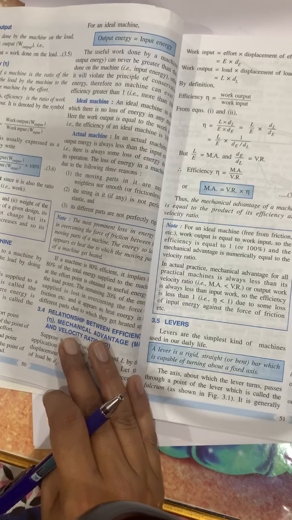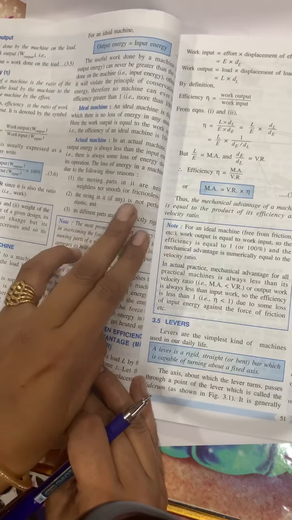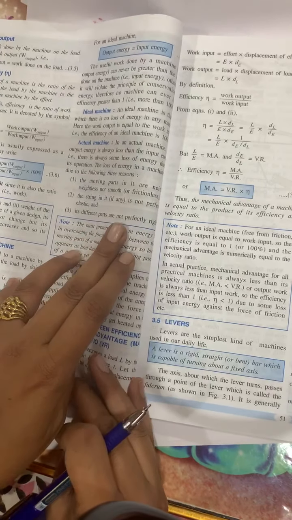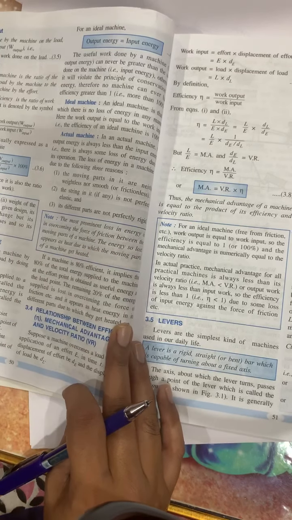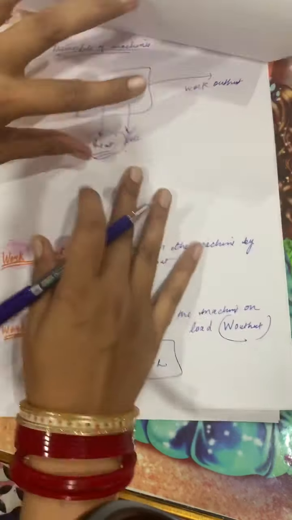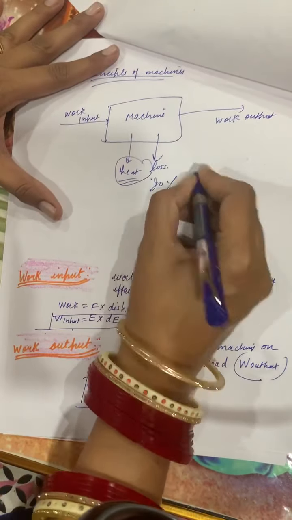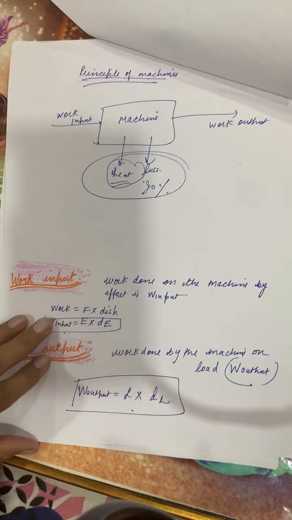There is loss of energy due to the moving parts, due to friction in the machine, and because the different parts are not perfectly rigid. If suppose a machine is 80% efficient, then where does the 20% energy go? That is the loss, due to the different parts of the machine.